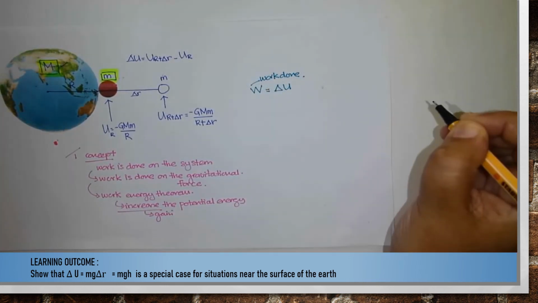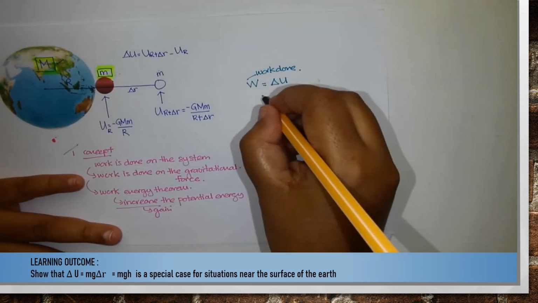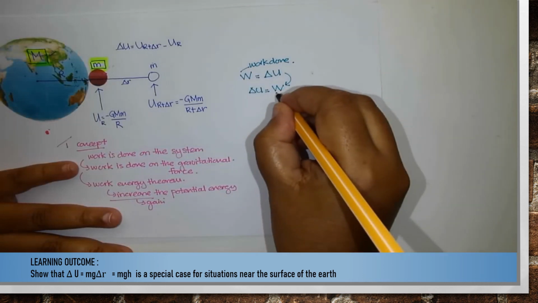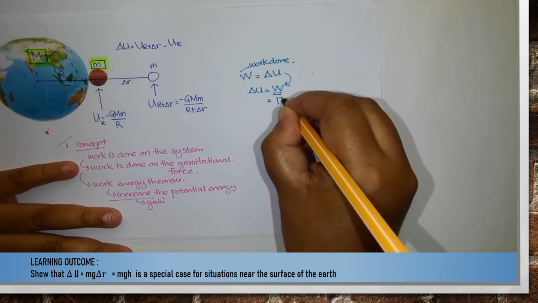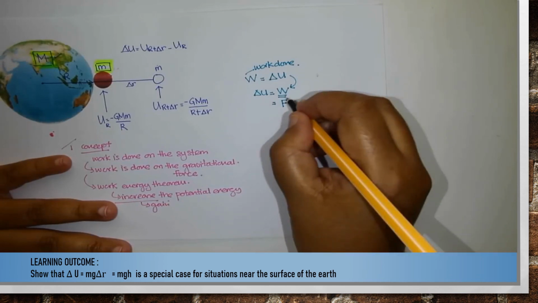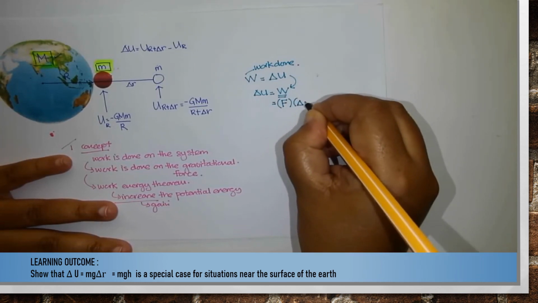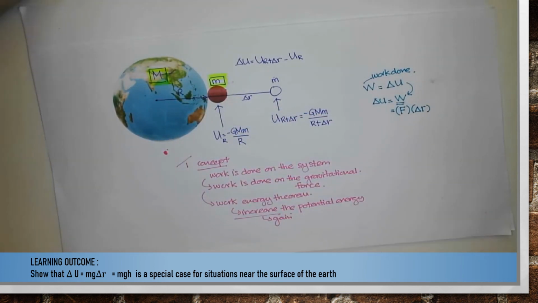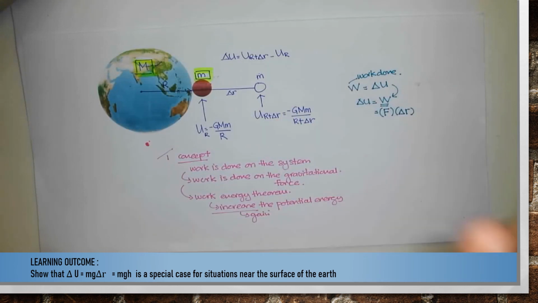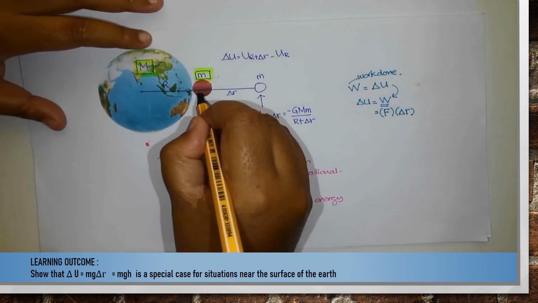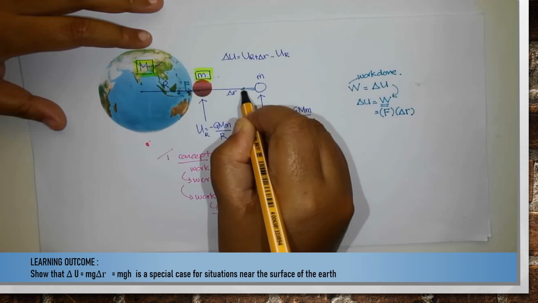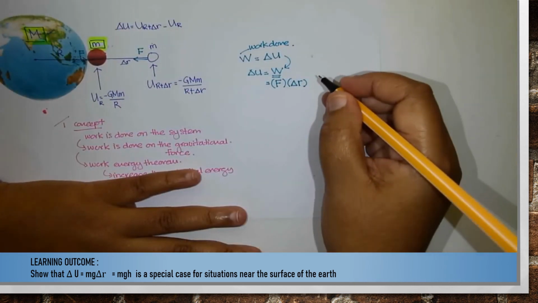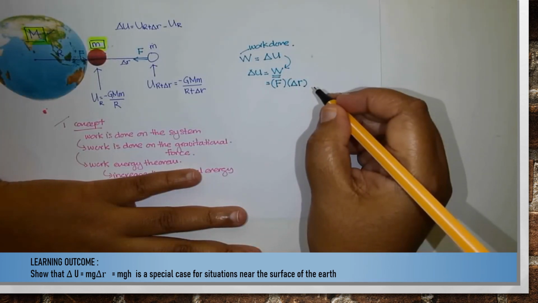Delta U equals W, and we know W is equal to Fs, so here F times delta R. Why is F involved? Because this mass is in the gravitational field of the earth, so the direction of F will be in this direction, towards the center of the earth. So F times delta R.